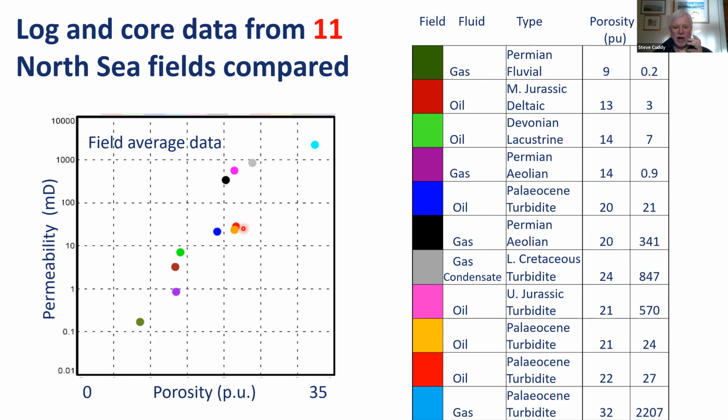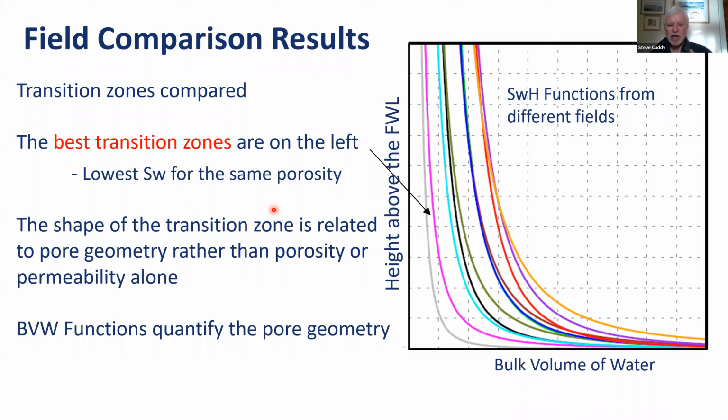So what information can we gather from looking at these very different fields? Let's compare what we call the transition zone. As I say, it extends from the free water level all the way to the top of the reservoir. Now, if you wanted to find a great field, what would you want to see in that field? Well, you want to see lots of porosity, because this is where the hydrocarbon is held.